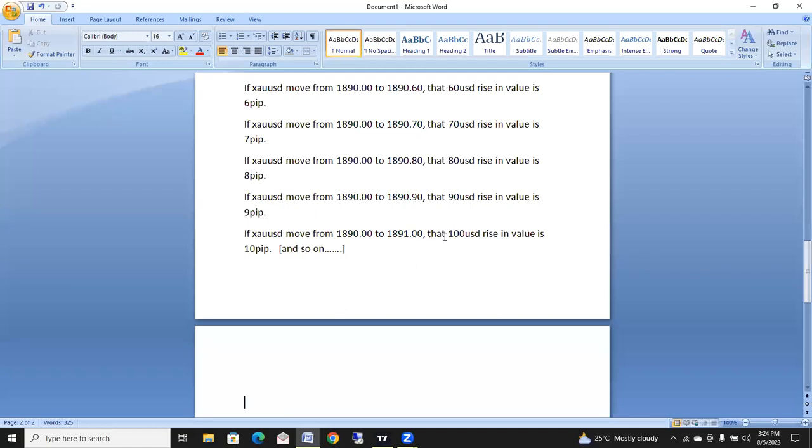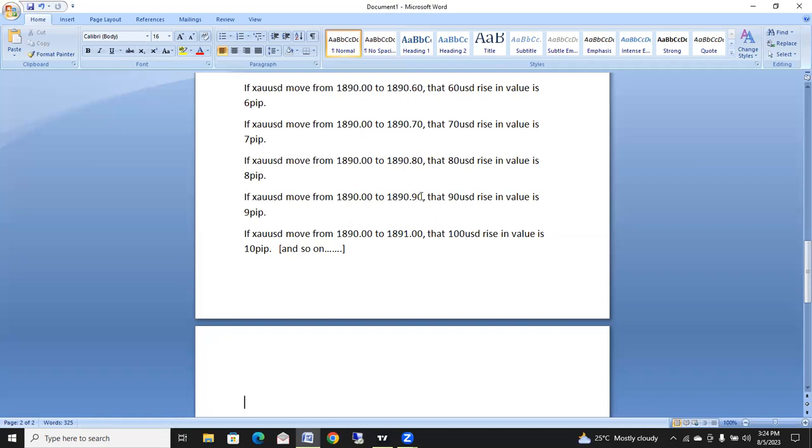That's 100 USD from here to here now. The change in these numbers now is this 100, the one and this zero behind. If you notice, for the previous ones we were calculating, the only change occurs after this decimal point.